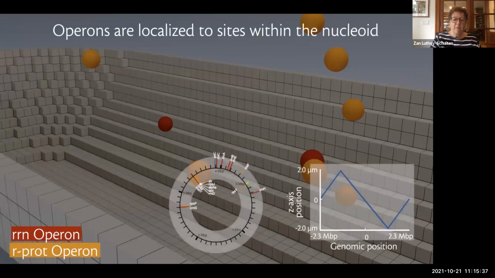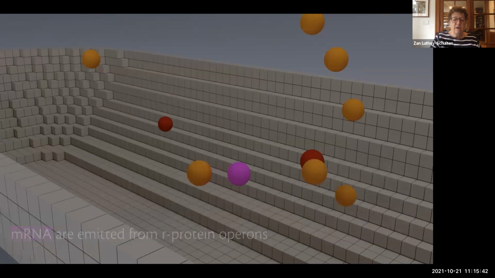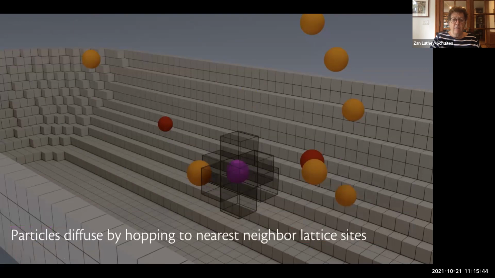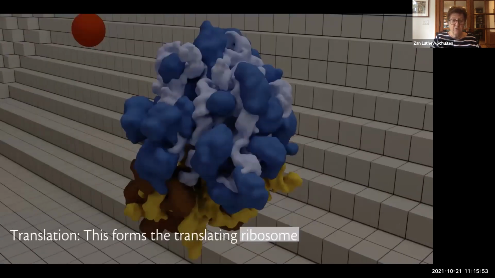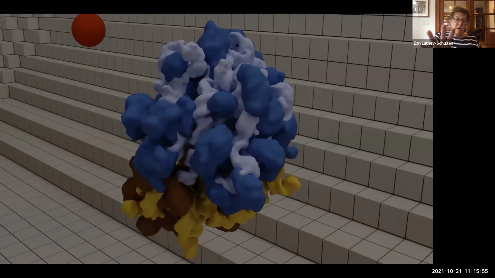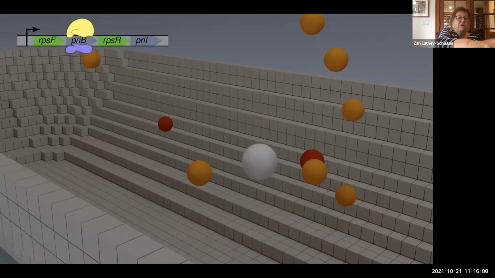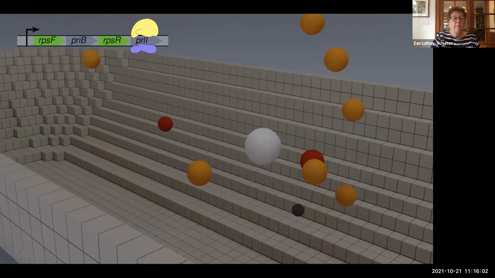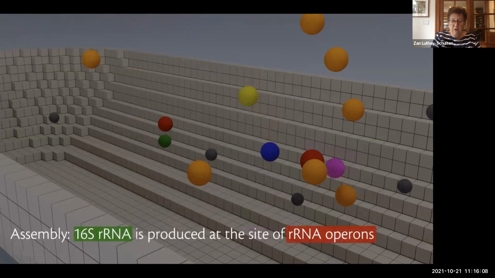All right, so the operons are localized to sites within the nucleoid, and then you have maybe a messenger being formed. It, of course, can diffuse. This messenger can bind to the small subunit, and then it associates with the large subunit. And that is a picture of an intact translating ribosome. And then up at the top, you're seeing it read through that operon, which contains the genes, say, for several proteins. It falls apart.